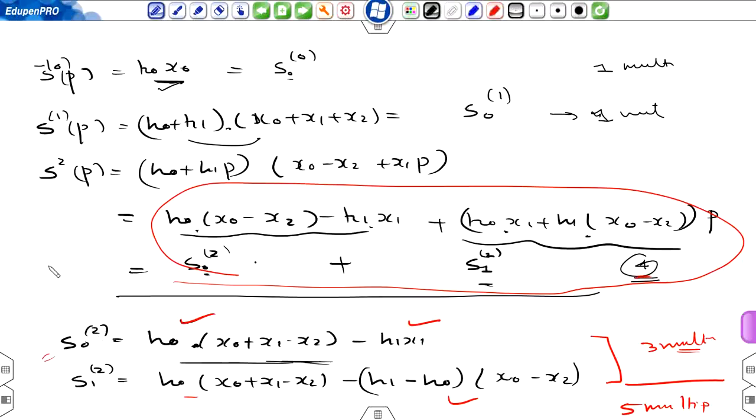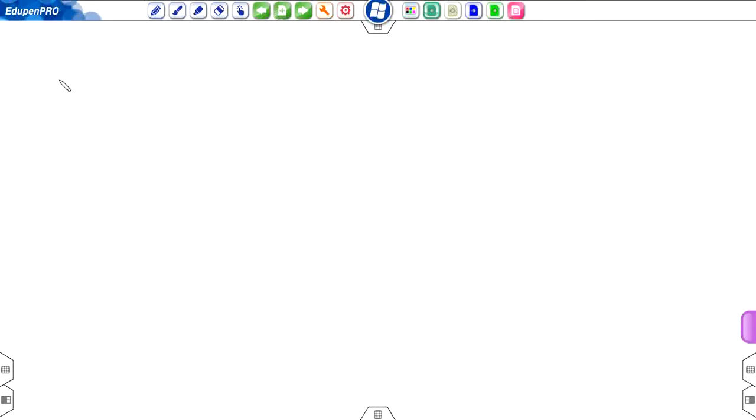This equation can be represented in a matrix, so I can write S0 of 2, S1 of 2 in the form of matrix.